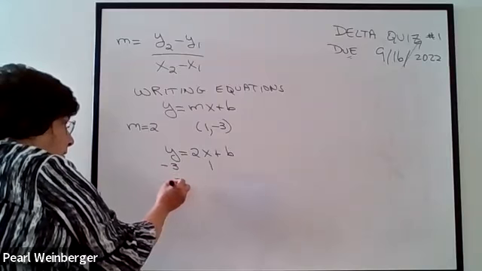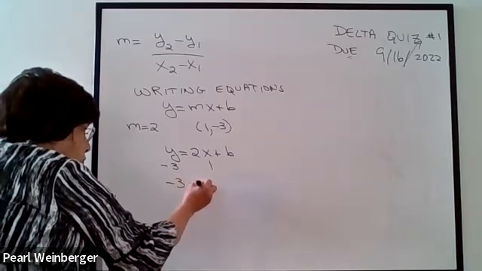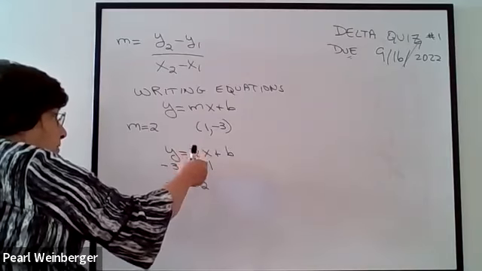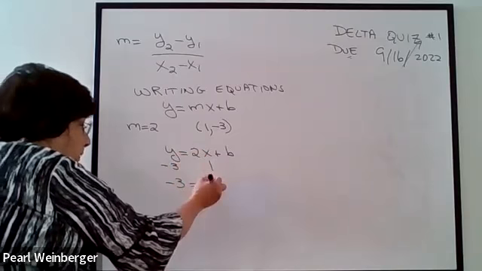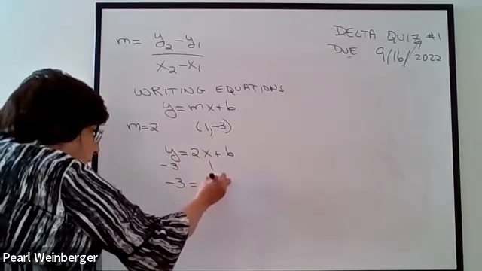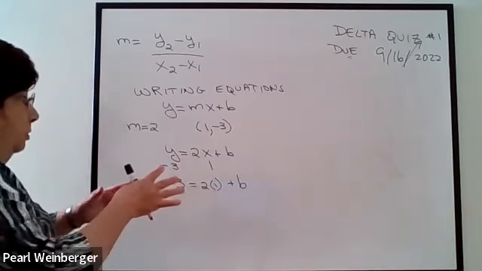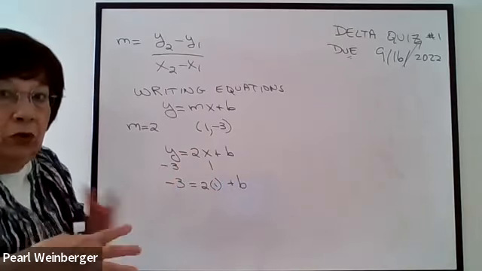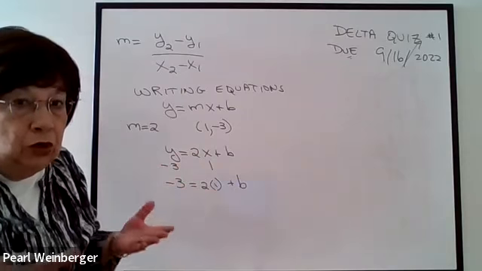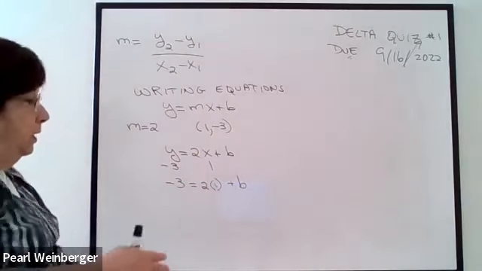We're going to get -3 equals 2, and since the 2 and the x are right next to each other, it means you're multiplying 2 times 1, plus b. Notice we're left with an equation where the one thing we don't know is b. We're going to solve for b.